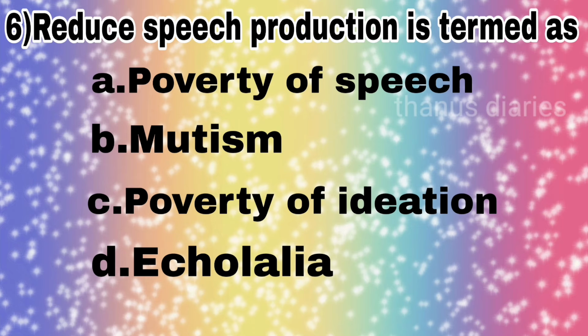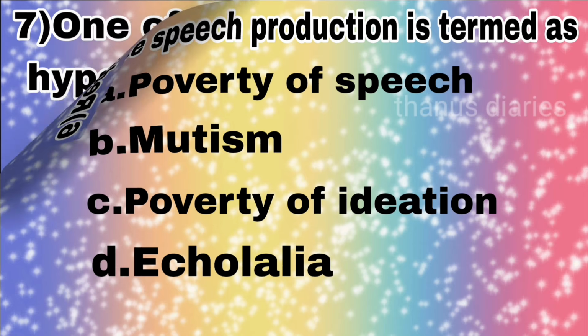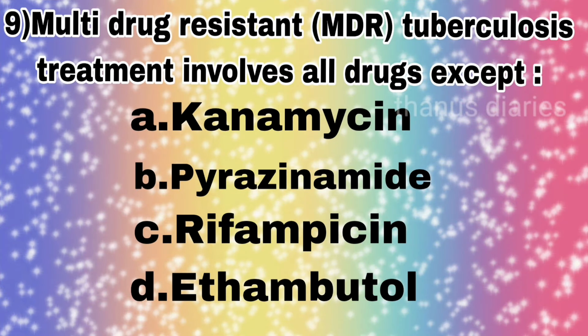Next question. Reduced speech production is termed as poverty of speech, mutism, poverty of ideation, echolalia. It's poverty of speech. Next question. Multi-drug resistant tuberculosis treatment involves all drugs except kanamycin, pyrazinamide, rifampicin, ethambutol.